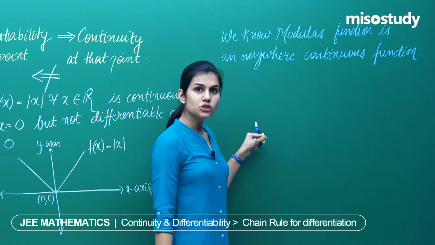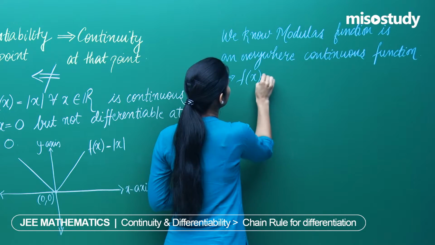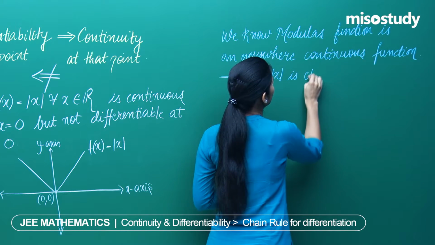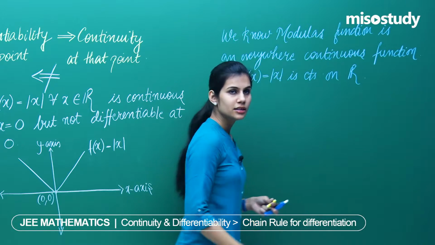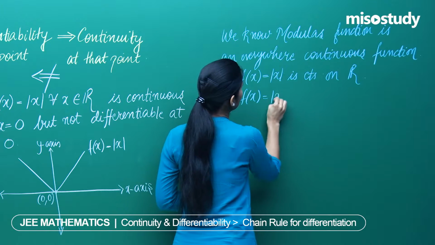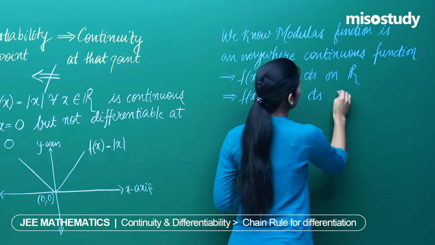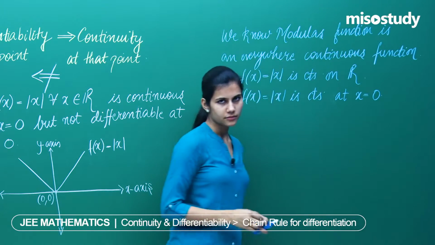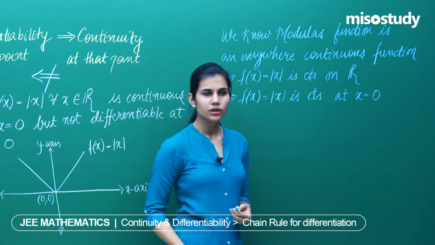That means it is continuous on the entire real line, which implies f(x) equals mod x is continuous on the entire real line, which implies f(x) equals mod x is continuous at x equals 0. If it is continuous for all real numbers, it is definitely continuous at 0. Fine.